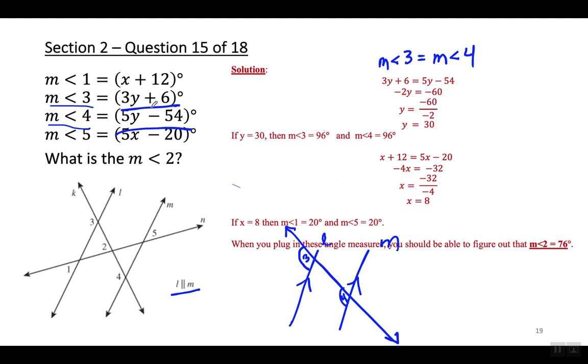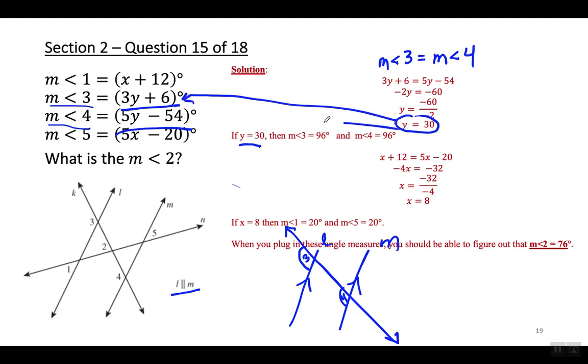I substituted what it says for the measure of angle 3 and the measure of angle 4 in order to solve for Y. Okay, once I figured that out, that Y equals 30, that allowed me to plug it into both of these.